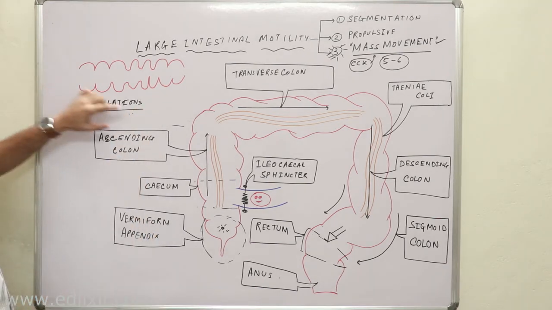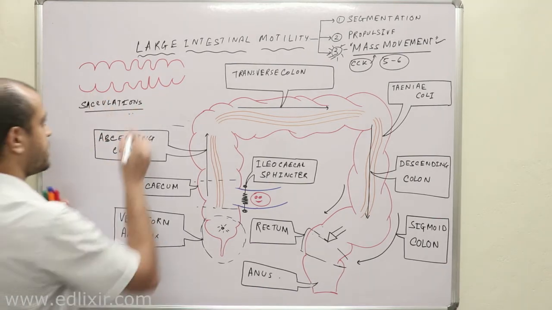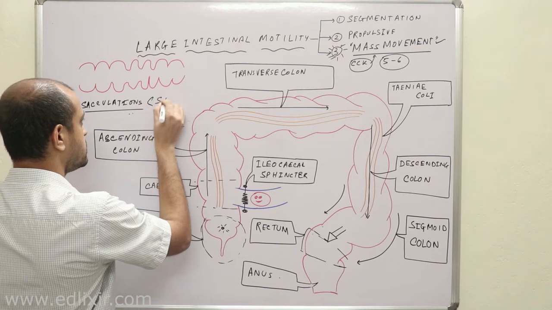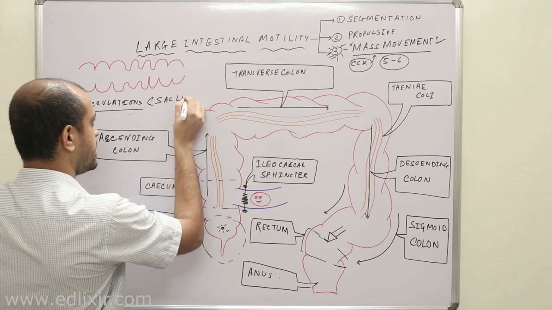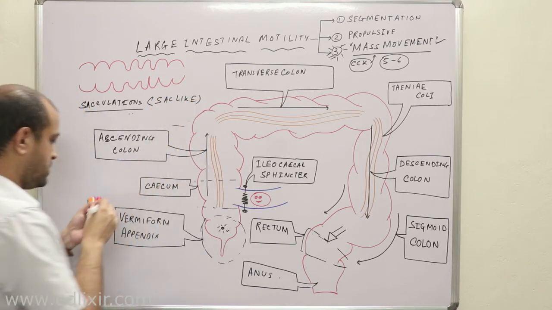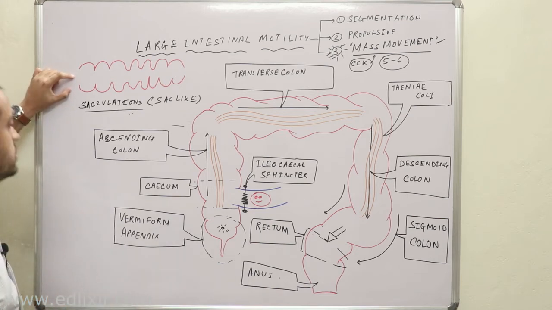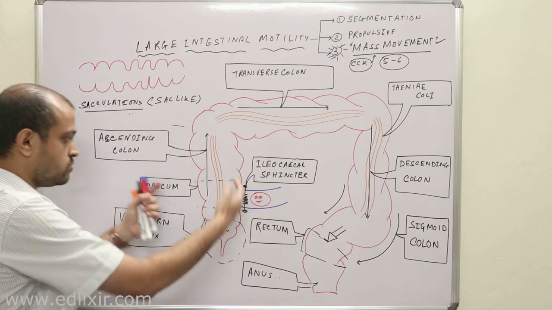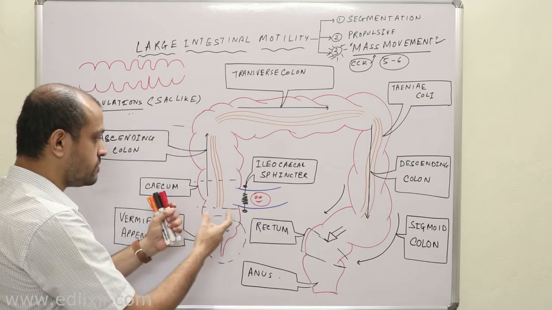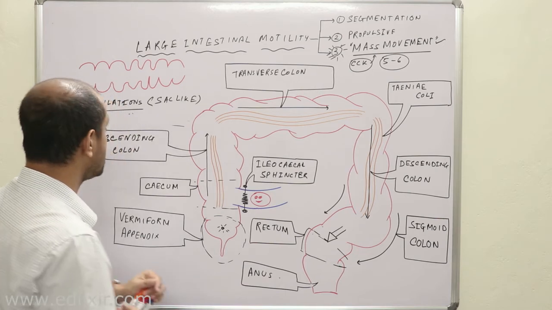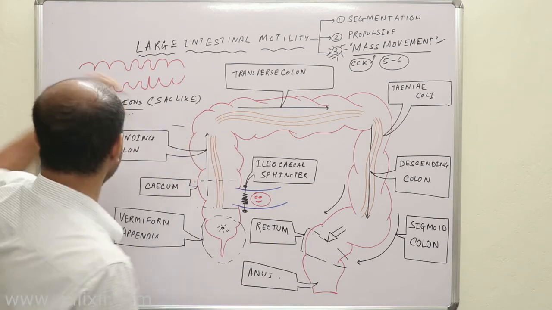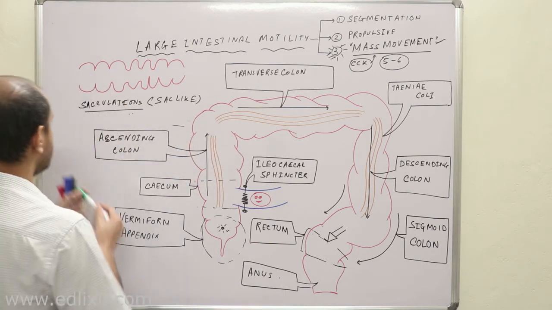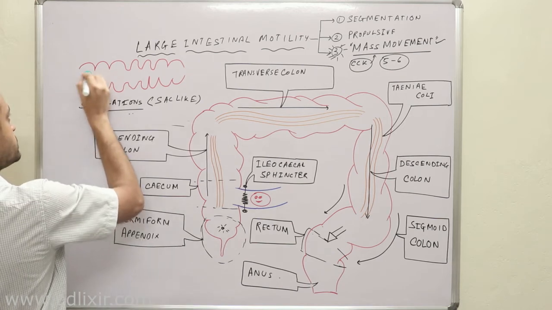What do you mean by saculations? Saculations means sac-like. That means when chyme enters the large intestine, these muscle movements occur with such frequency that the muscles become sac-like, and food particles are present here.